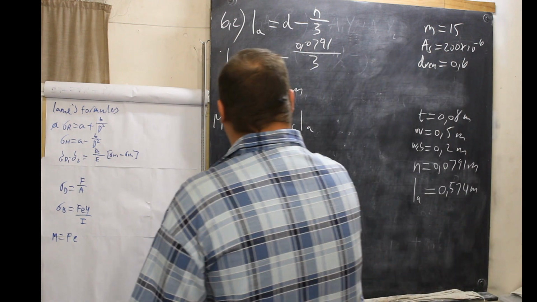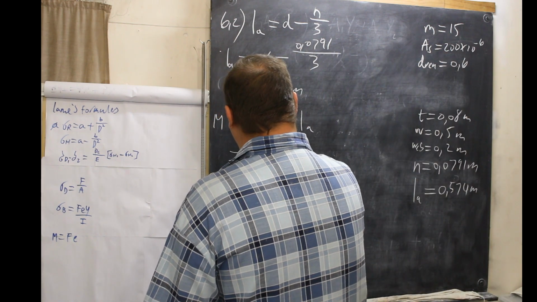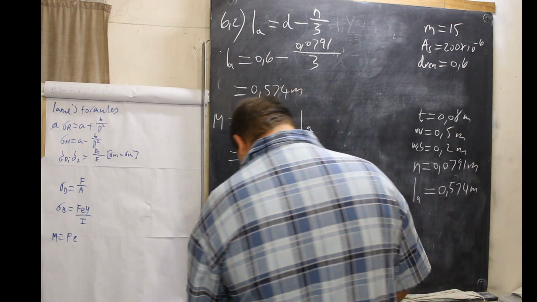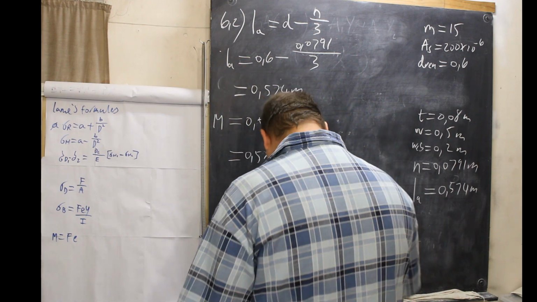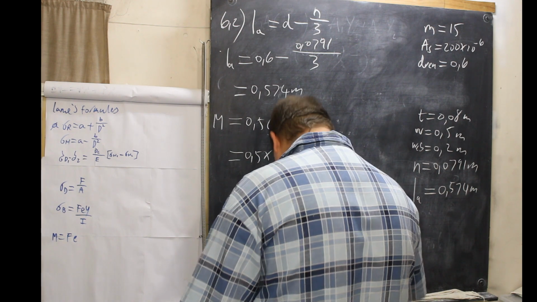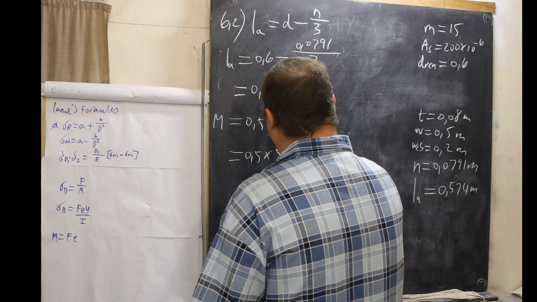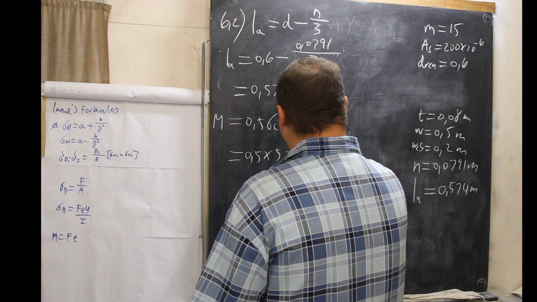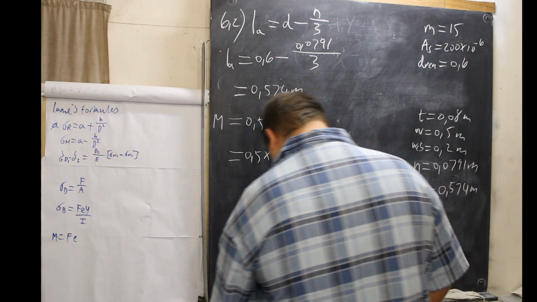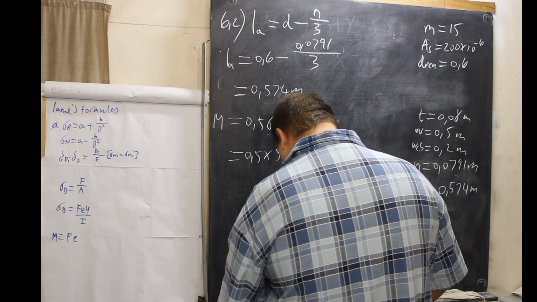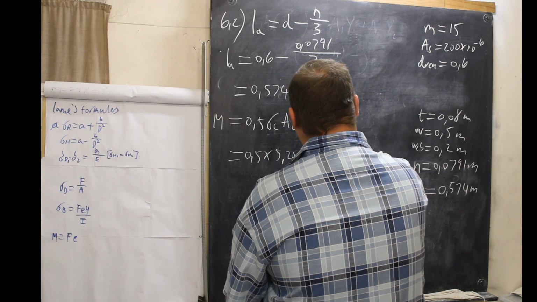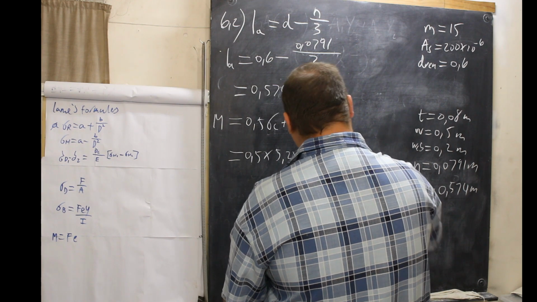So what we want now, 0,5 times the stress in the concrete, which is 5,2 megapascals, 5,2 times 10 to the 6, times the area of the concrete.